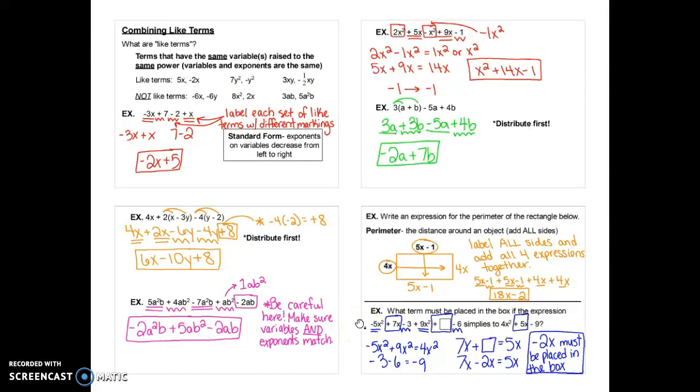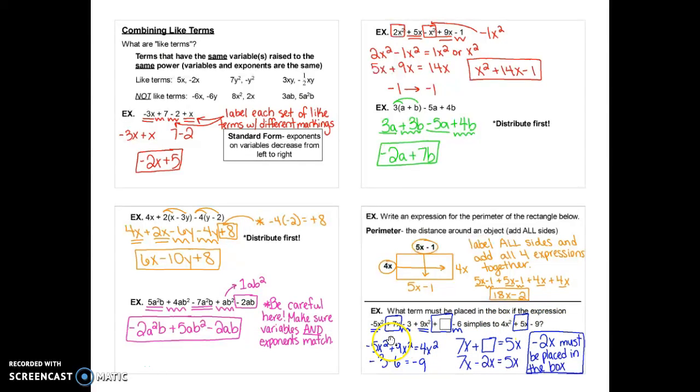We want to know what term must be placed in the box if the expression, so this long expression is what was originally given to us. It's telling us that it's going to simplify to 4x squared plus 5x minus 9. So we need to decide what was missing in the original problem that would give us this as an answer.